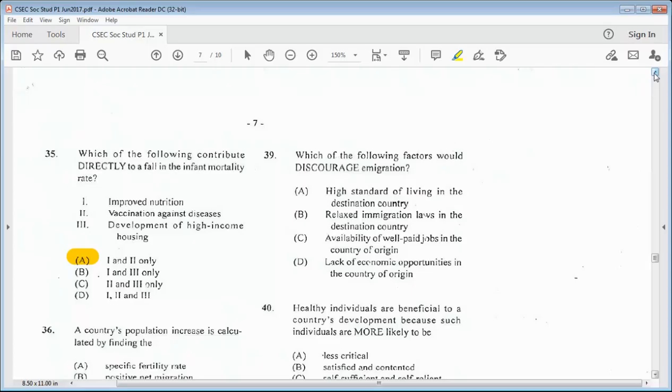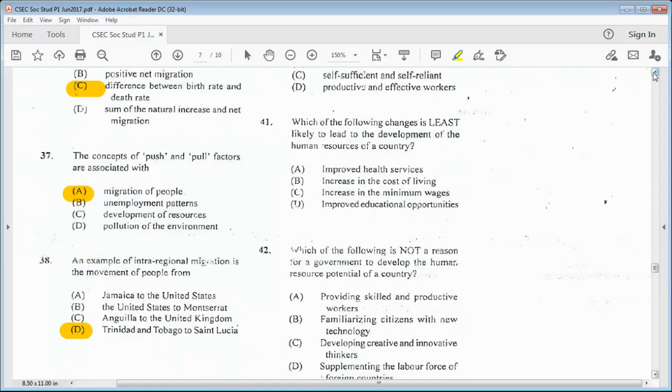So we know it would be C, availability of well-paid jobs in the country. So if you have well-paid jobs in the country of your origin, then there's no need for you to move out of your country into another one. So C. That one would discourage emigration. Let's move on to 40.